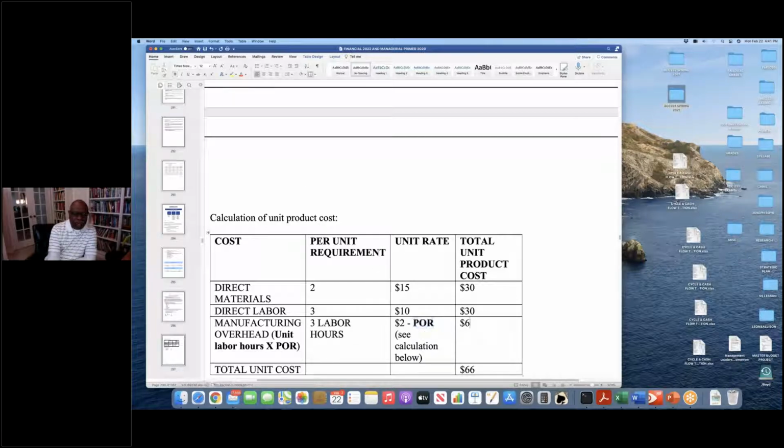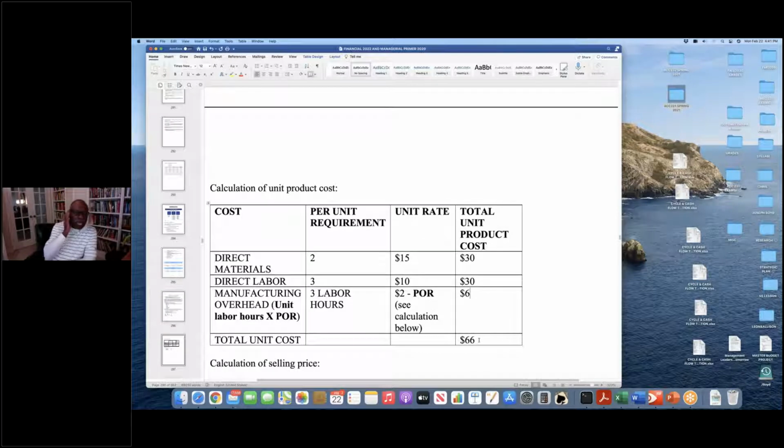We do that because if we're making more than one product, we can't just do that simple division. So we're going to base it on the labor hours, because as we're assigning costs, we're going to assign it based on the labor hours.